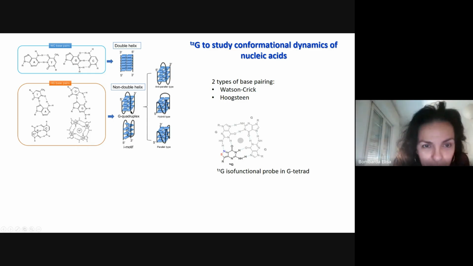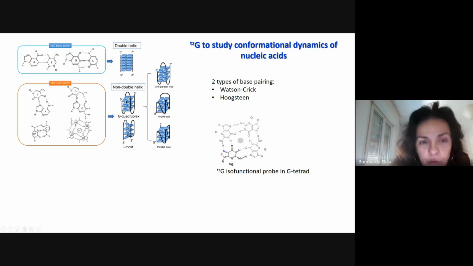formed by a particular folding of the sequence of nucleic acid, and such folding allows 4 bases to be on the same plane, and the interaction between them stabilizes this structure. They are called G quadruplex because the 4 bases in this quartet are all guanine.